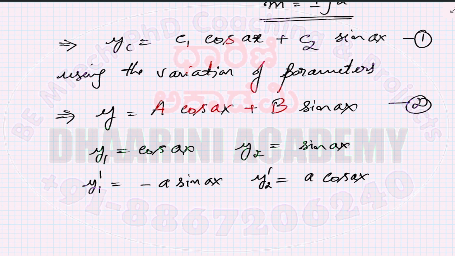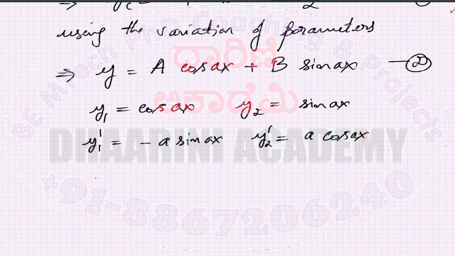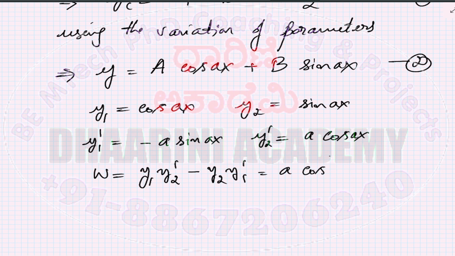Then I need to calculate a W now. So let's calculate the W. W is equal to y1 y2 dash minus y2 into y1 dash. So y1 into y2 dash will give you cos ax into a cos ax, that's a into cos squared ax, then minus y2 into y1 dash, there is a minus term, so this becomes positive, a into sine squared ax.